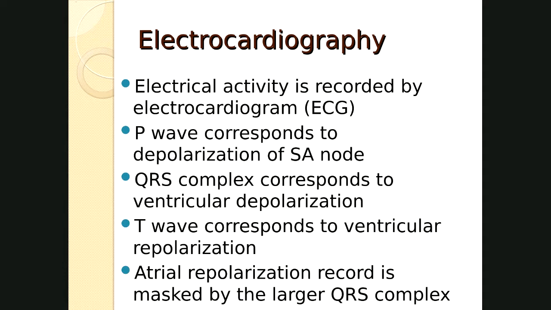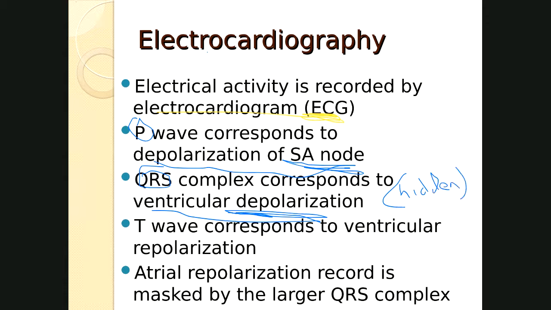So, this ECG or EKG, you can use either one. Remember, we have these definite waves. And so again, P wave, depolarization of the atria, and the SA node. QRS, depolarization of the ventricles, and then hidden inside it, don't forget, hidden inside it is atrial repolarization.